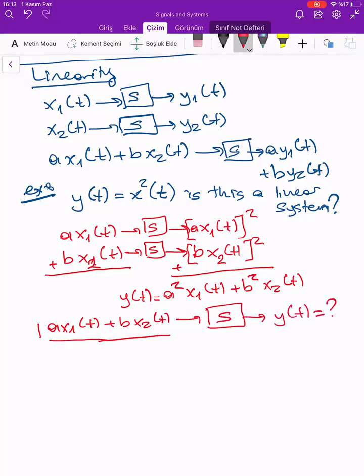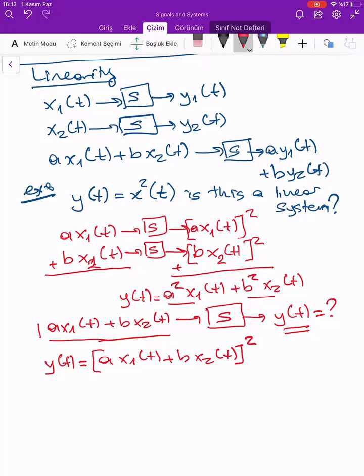I will check if this is equal to the previous situation. I take this input, and the output will be the square of this whole input.